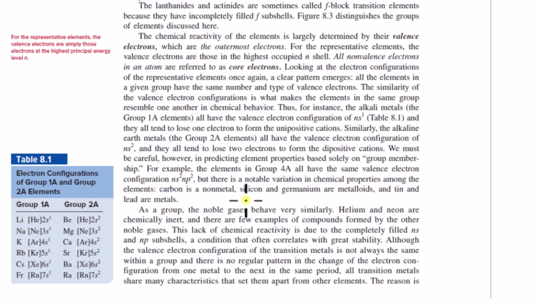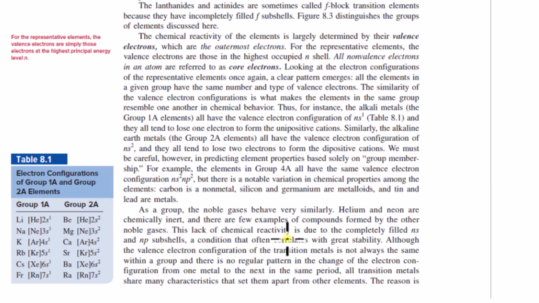Carbon is a non-metal, silicon and germanium are metalloids, tin and lead are metals. As a group, the noble gases behave very similarly. Helium and neon are chemically inert, and there are few examples of compounds formed by the other noble gases.